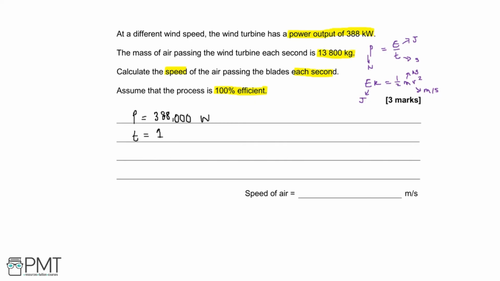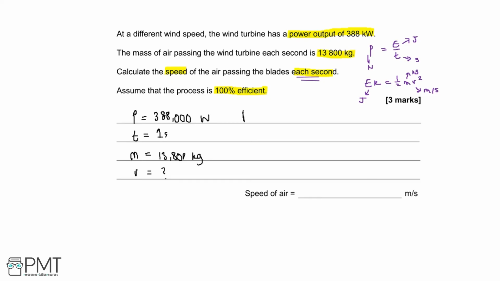We know this because in the question they've told us that the mass of air passing the wind turbine each second is 13,800 kilograms. Each second means per second, which is every 1 second. Then we know mass, because they've given this to us: 13,800 kilograms. And what we're trying to find is the velocity of the air, the speed of the air, which is an unknown.